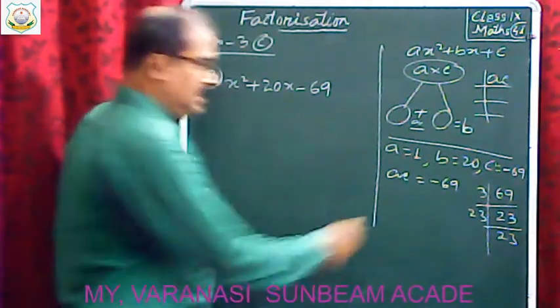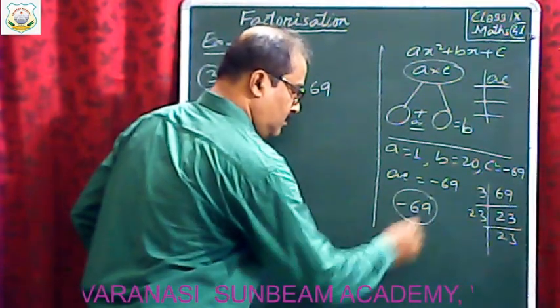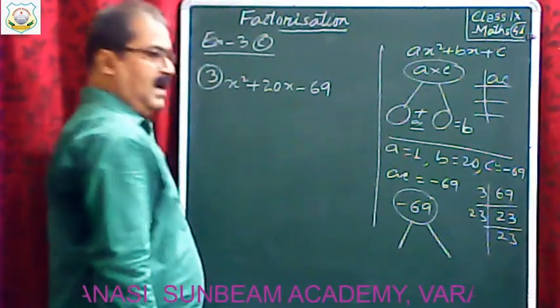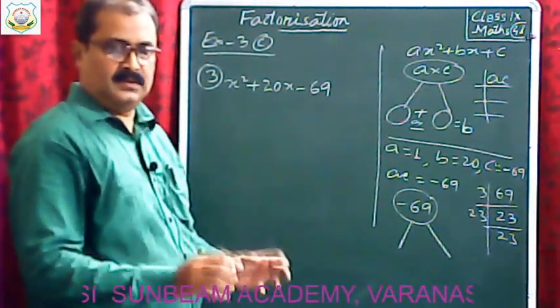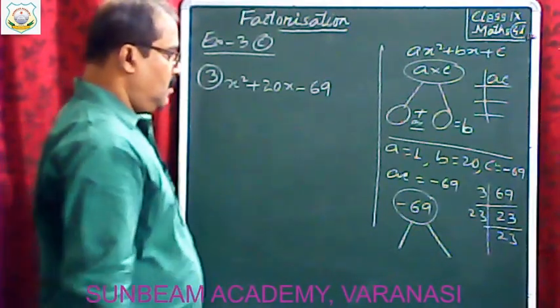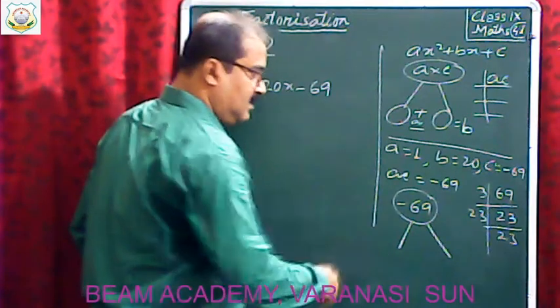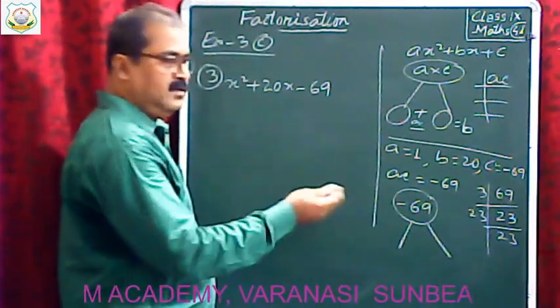So minus 69 is the product of AC, and thereafter we factorize it and rearrange the factors such that the addition or subtraction of both factors gives b. You have only 2 factors, 3 and 23, and 23 minus 3 gives 20.